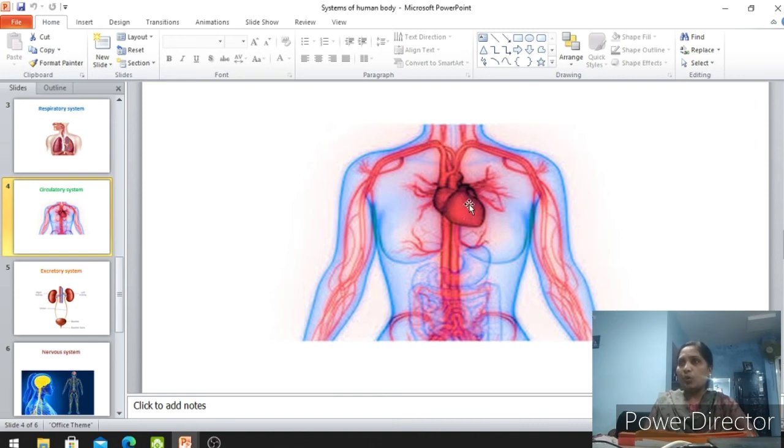One is you are identifying what is that particular internal organ which I am showing on the slide. That organ is related to which system you are finding. First you have to identify which internal organ I am showing you. And next, you should tell me that internal organ belongs to which system.